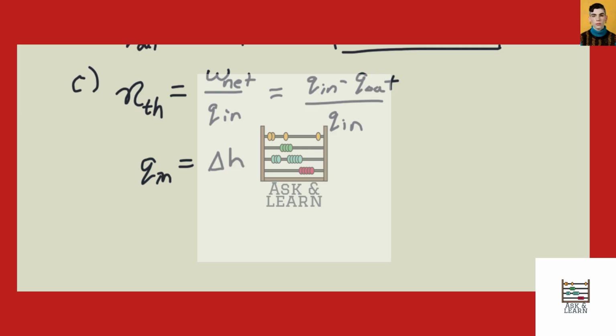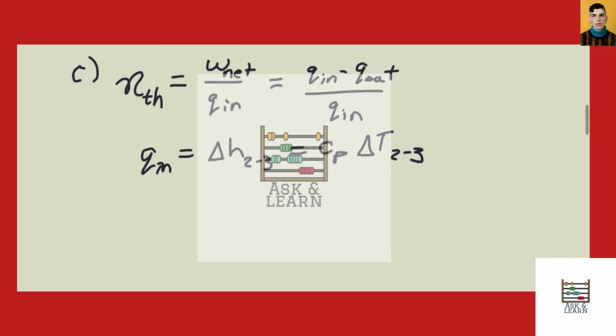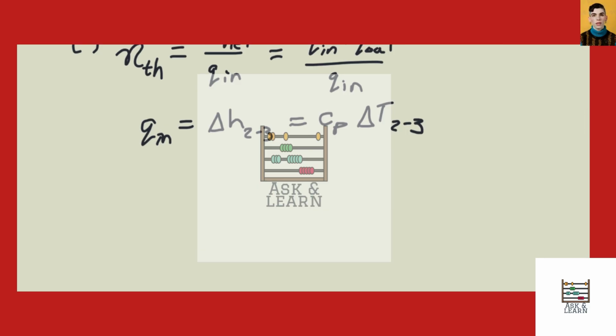The reason why I'm using this change in enthalpy is because at process 2-3, we have a constant pressure process. So we could use the constant pressure specific heat times the change in temperature at process 2-3, because that is equal to the change in enthalpy at 2-3. And fortunately, we have everything we need for that already.